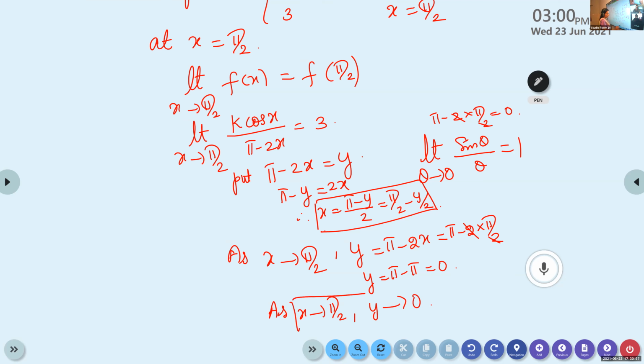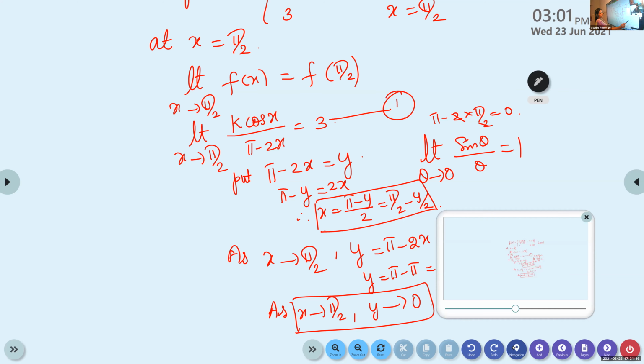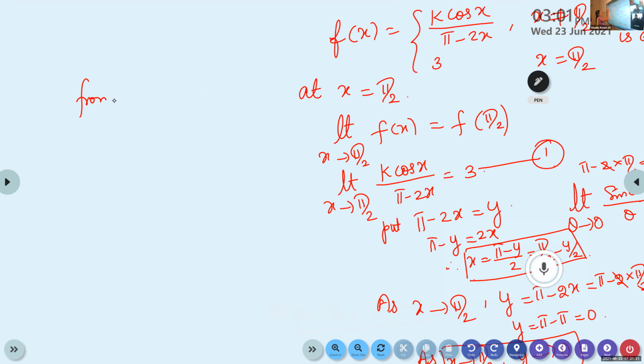Instead of writing the limit in terms of x, when we convert everything to y, the limit also we should convert in terms of y. So equation 1 will become: instead of limit extending to pi by 2, we write y tends to 0.